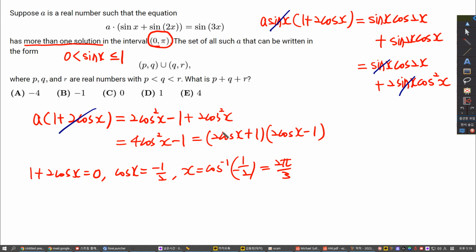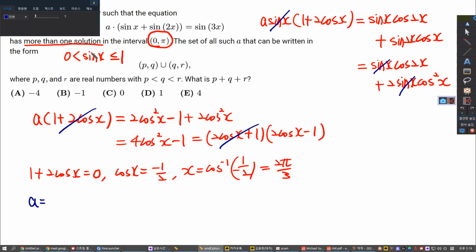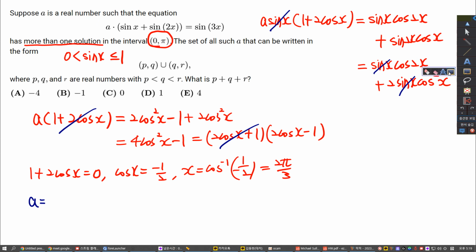So if we cancel this parenthesis, a is okay. Yeah, a is 2 cosine x minus 1.